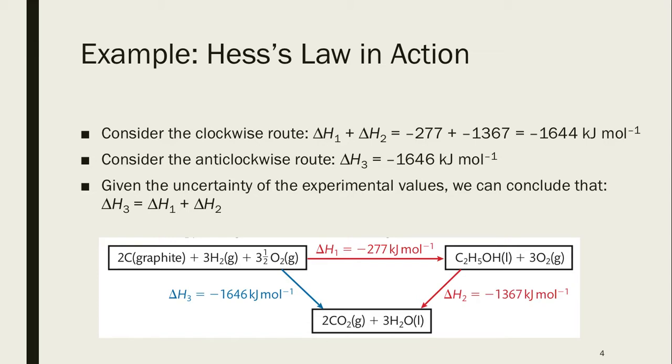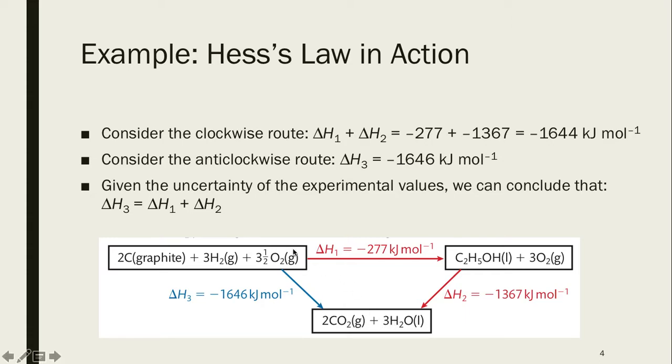Or we can take those original three elements and do a reaction to get our final products. So as you can see, there are two routes, two paths to get to our final answer.